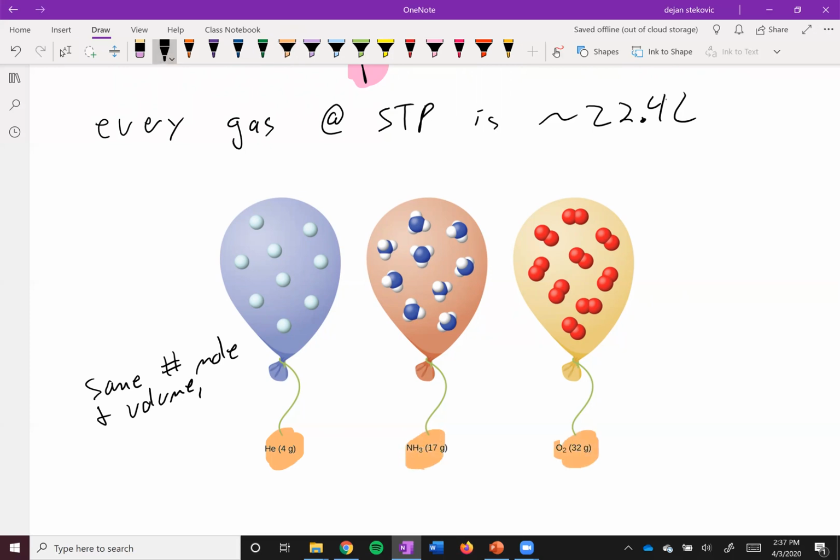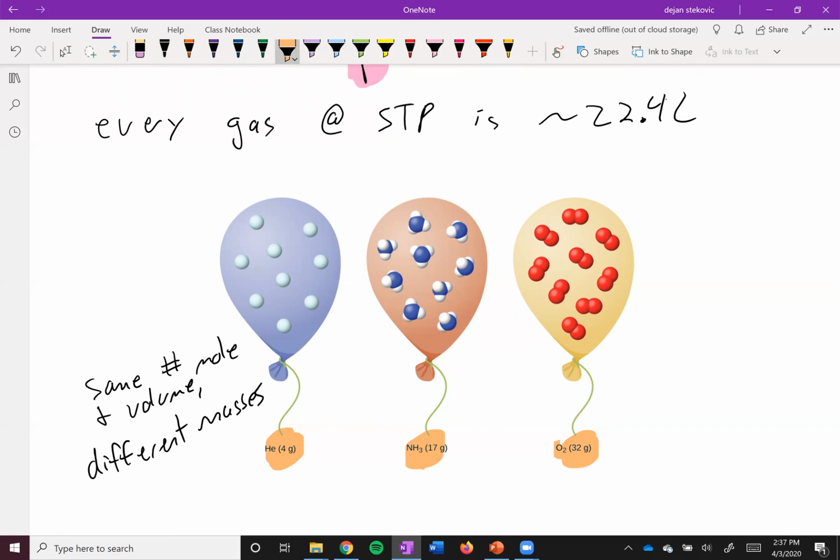So if you put 12 eggs in a balloon, that would weigh much less than 12 cars in a balloon. They would also want to take up the same volume, but they have different masses.